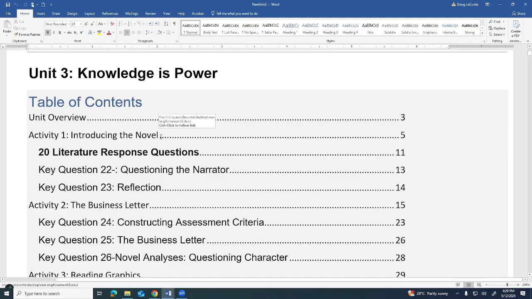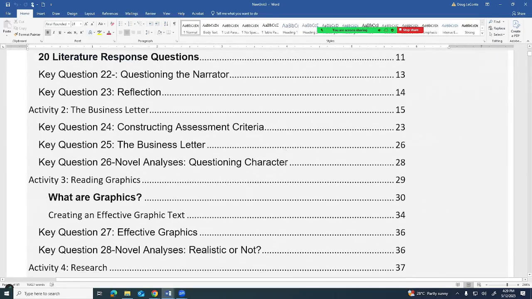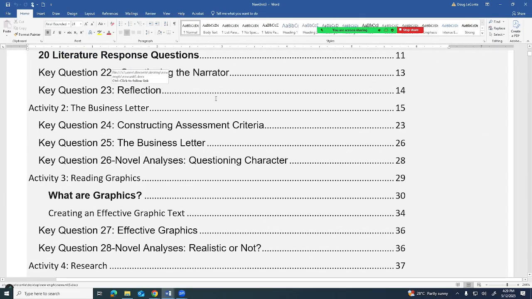But now we are in unit 3 where we are going to be actually writing about the novel, and hopefully you'll have most of it read by now. And hopefully by the end of unit 3 you will have it complete. Now there are several key questions here that are related to the novel. That is key question 22 on page 13, questioning the narrator.